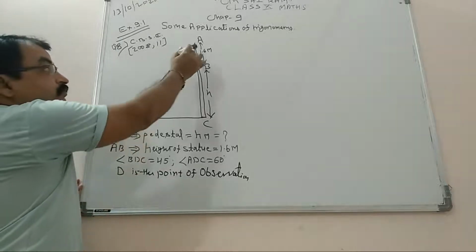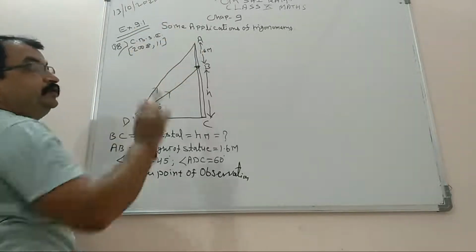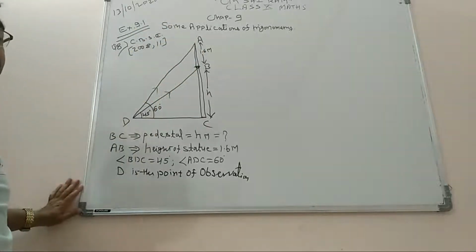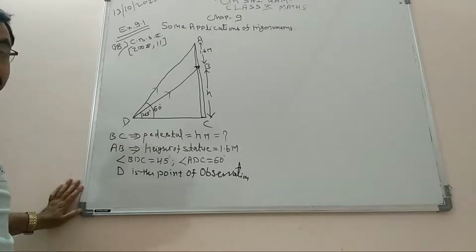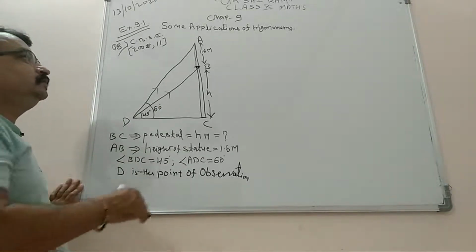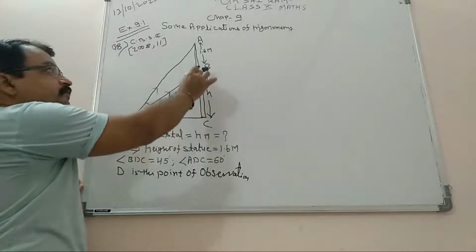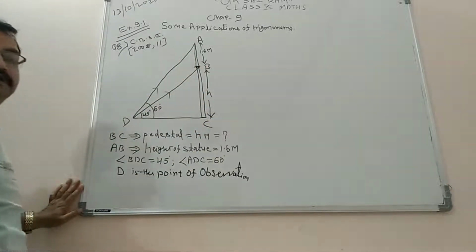And another observation is at the point A, which is the top of the statue. So he gets an angle of elevation of 60 degree. So we have to find the height of the pedestal, that is BC, children.